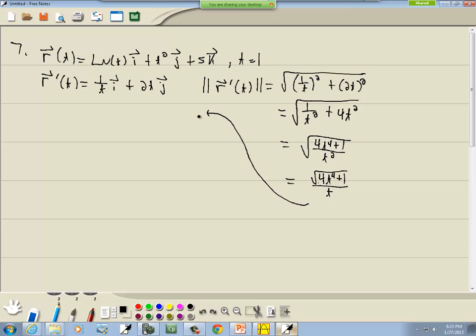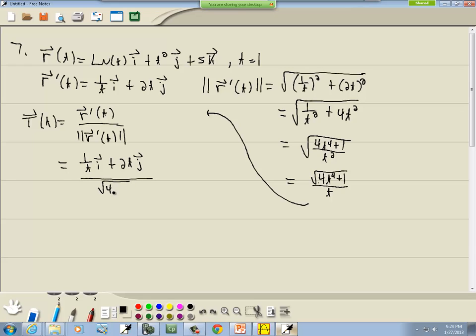Okay, so our tangent vector now is going to be equal to r prime over the magnitude of r prime. So we're going to have 1 over t i plus 2t j over the square root of 4t to the 4th plus 1 over t.